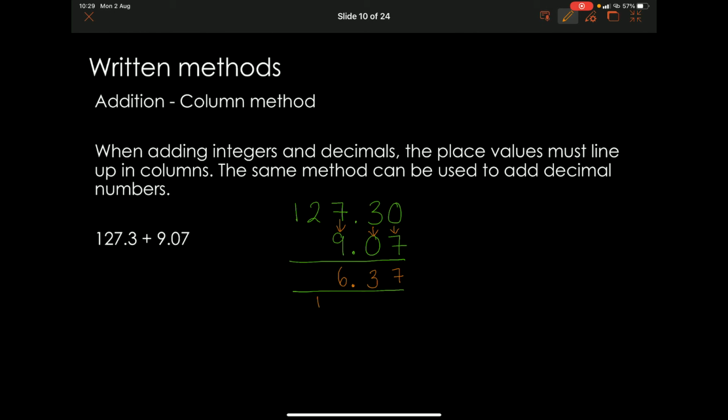So we leave the 6 where it is, put that underneath the 7 and the 9, and then we carry the 10 over to the next column. So then in the next column you would have 2, and you've got nothing there, but then you're going to add the 1. So 2 add 1 is 3. And then finally you've got 1 add nothing, so it'll just be 1. 136.37. And that's your final answer. So hopefully you got that right.